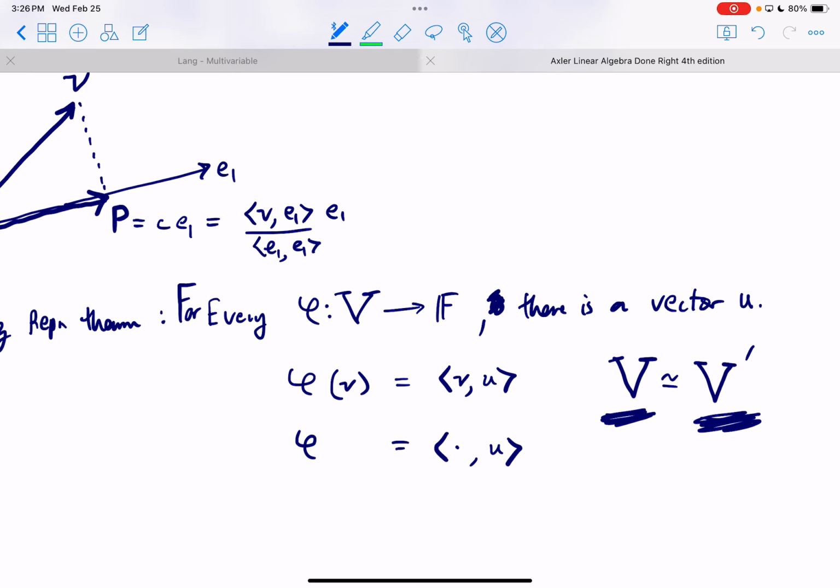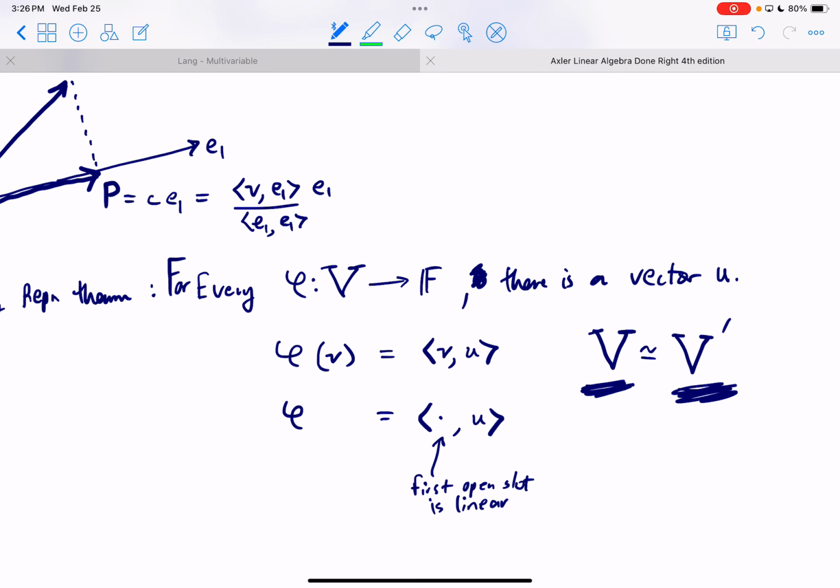And you see that this is linear because the first open slot is linear. And this is, of course, false, but it's true if dim V is less than infinity.